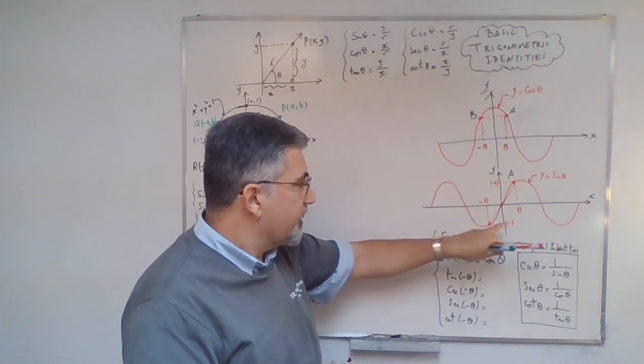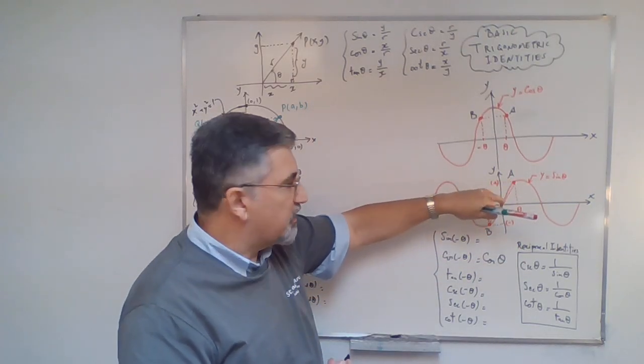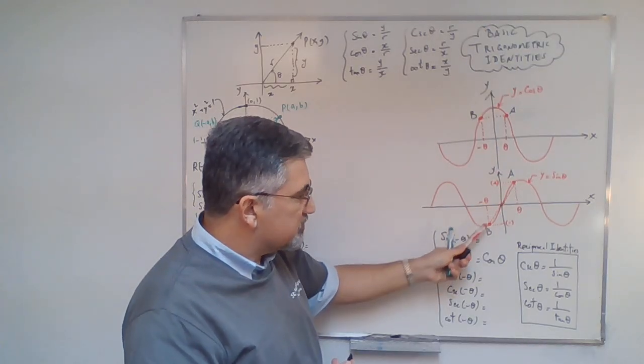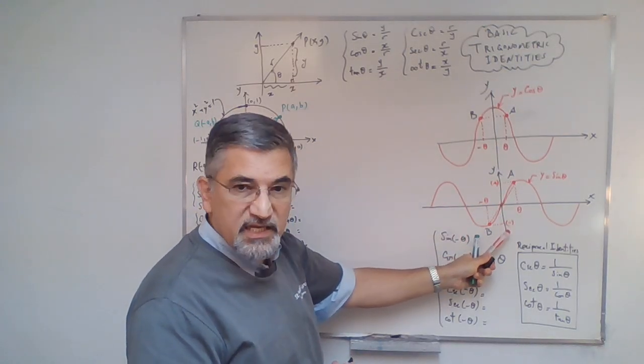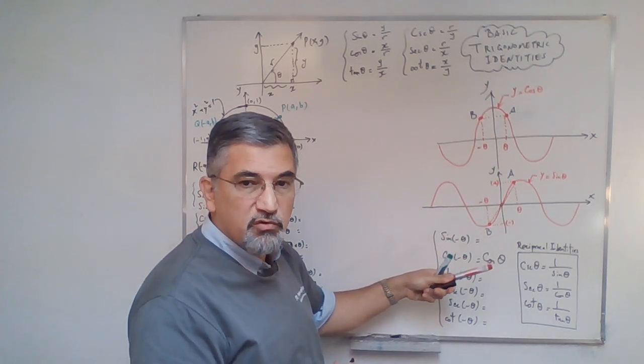coordinate of point A. But in terms of the y coordinate, because point A is above the x-axis, it would have like a positive y value, and point B is below the x-axis, it will have a negative y value. But those distances, due to symmetry, are perfectly equal to one another.